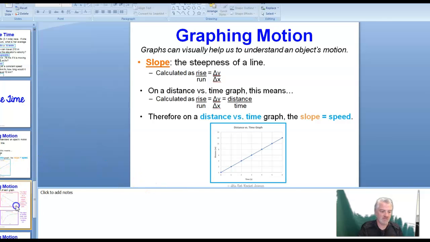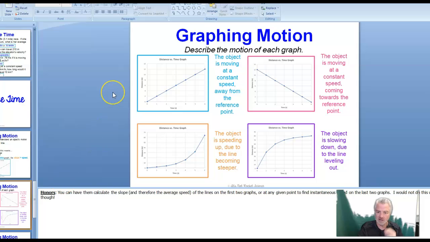Now there's other ways of looking at motion, and so some different graphs here. What I wanted to point these out to you real quick, and again you can jot these down in your notes. The first one, you'll notice that line is linear, so it's going from 0 up till 12. We would say that the object is moving at a constant speed away from a reference point.